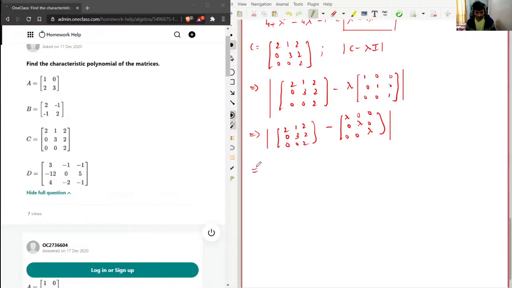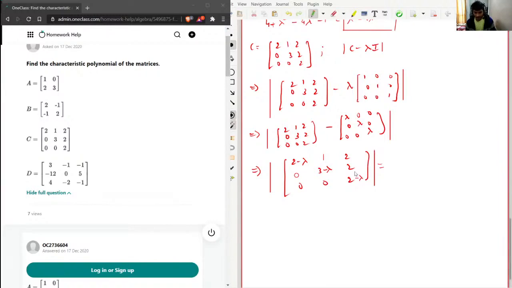Now I'll go for matrix subtraction. This will be 2 minus lambda, 1, 2, 0, 3 minus lambda, 2, again 0, 0 and 2 minus lambda.